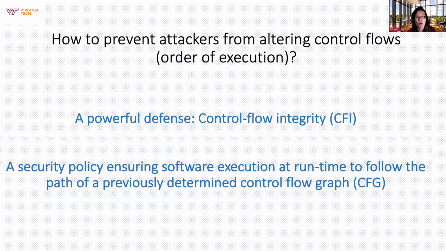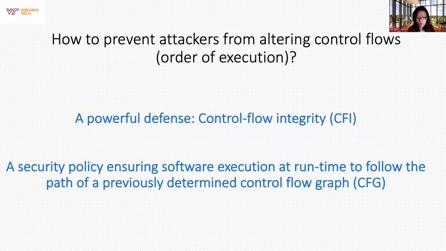How do we prevent those types of control flow vulnerabilities, unintended function execution? A very powerful, very popular, and well-recognized defense is called control flow integrity, CFI. Last time we said that it's an approach that ensures the runtime execution follows the previously determined control flow graph. You can determine it through static analysis, meaning that you don't run the code but look at the binary. Or you can run the code in a clean environment and get a more fine-grained graph of the expected behaviors.